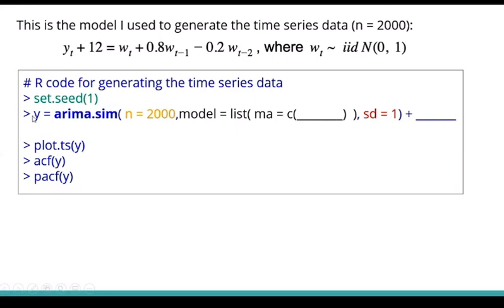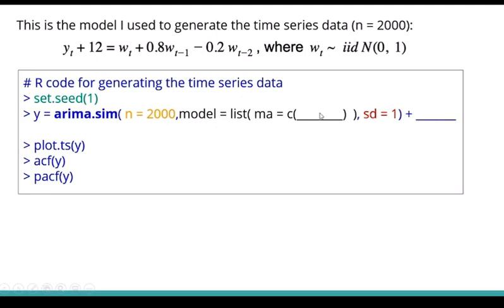If you copy that into R, automatically you're going to have your data generated, and of course based on that data set you can obtain the time plot, you can do the ACF plot, and you can get the PACF plot. What I'm trying to show you right now is just the code for how to figure that out.